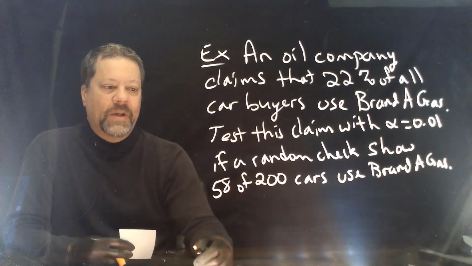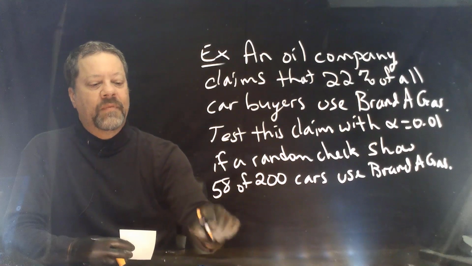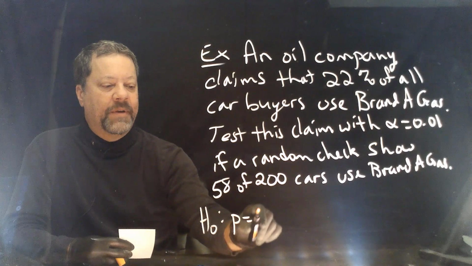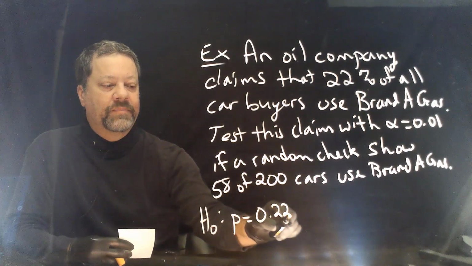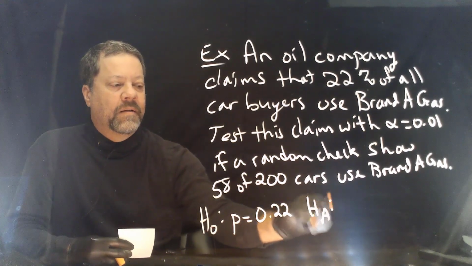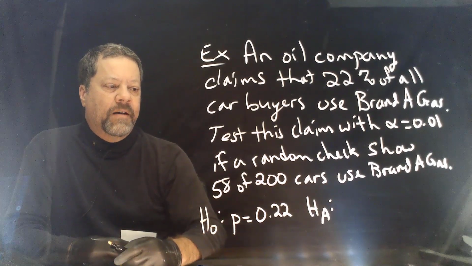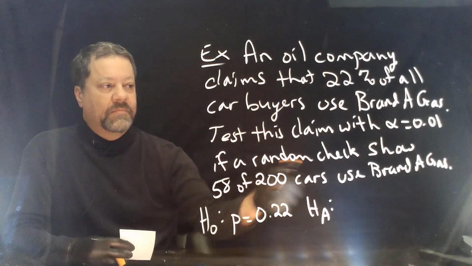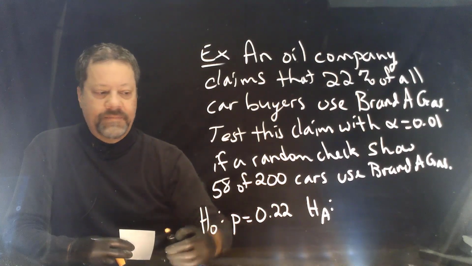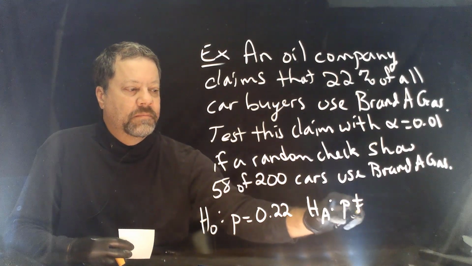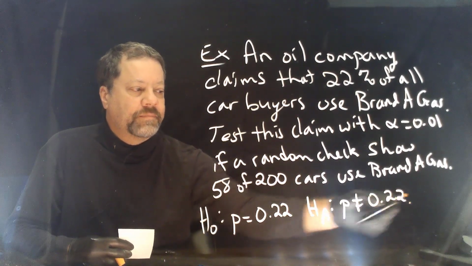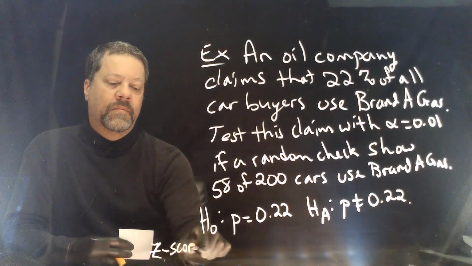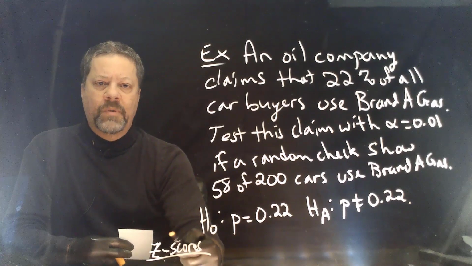We need to determine what kind of test to use. Our null hypothesis will be that the proportion is what they claim, 0.22. Critically, the alternative hypothesis doesn't say more or less, only we're going to check and see if it's different. Since we use z-scores, the distribution will be a standard normal.